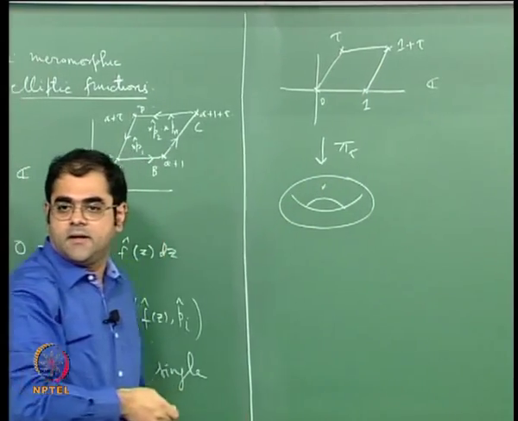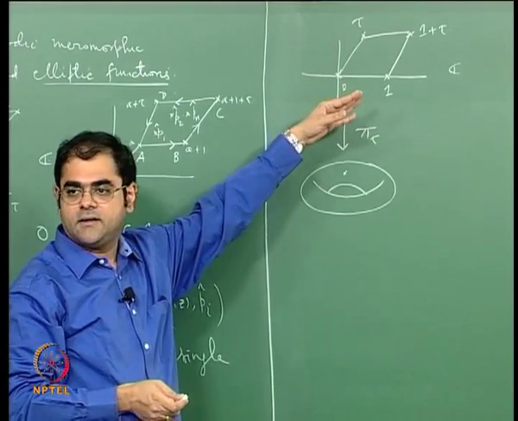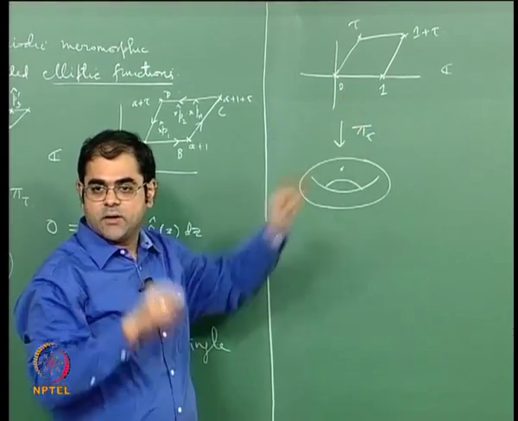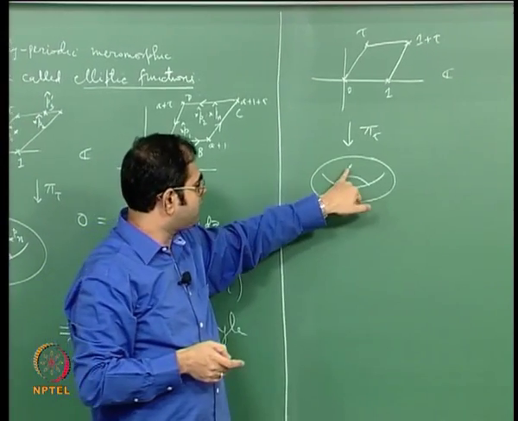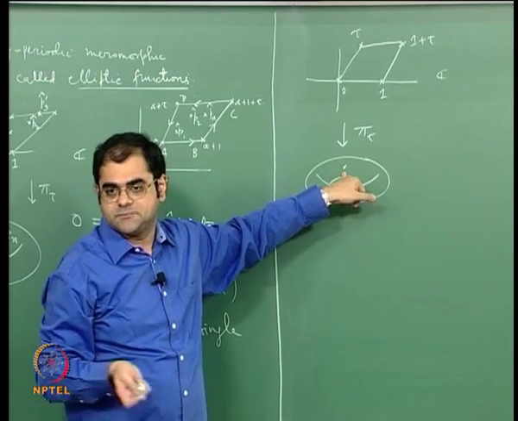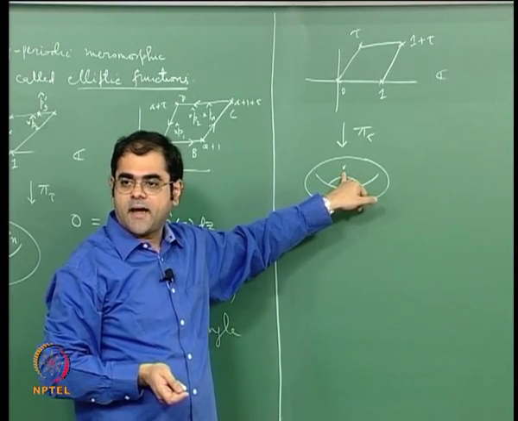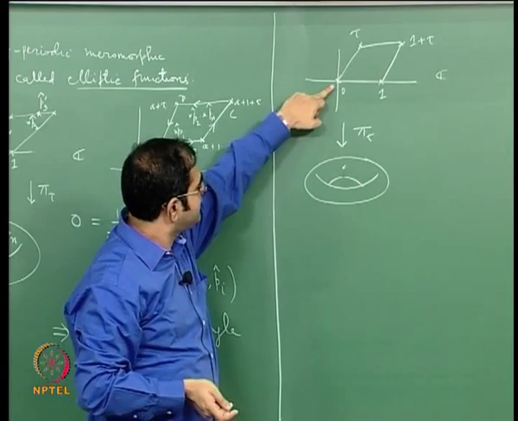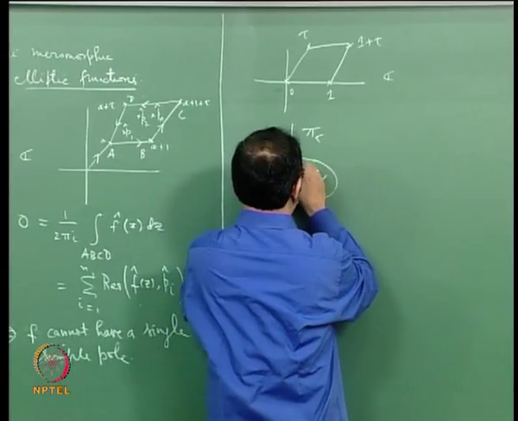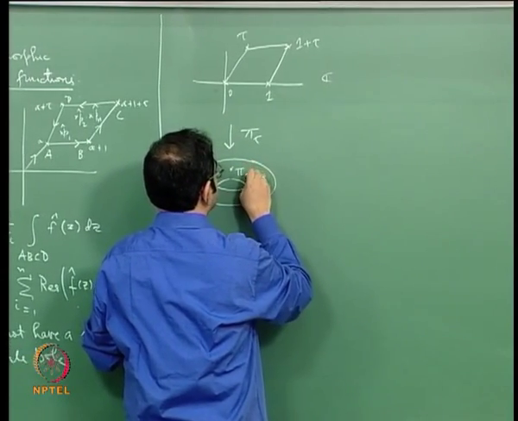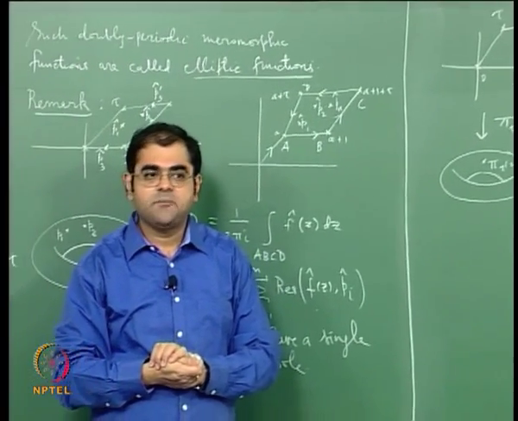Because all of them are equivalent under the translations of the lattice. So if all the points of the grid are going to be mapped to a single point, you can look at that point. In particular that point is the image of 0, so I will call that point pi tau of 0. It is also pi tau of any point of the lattice.